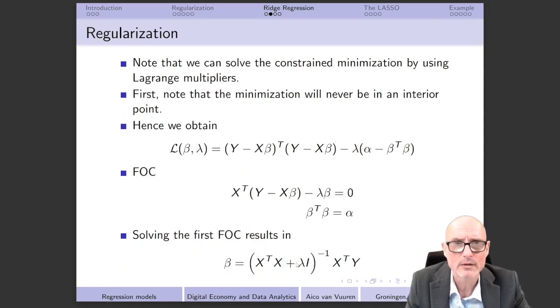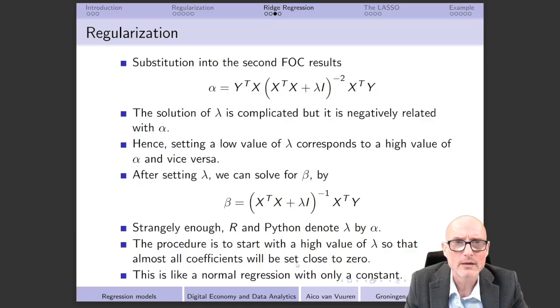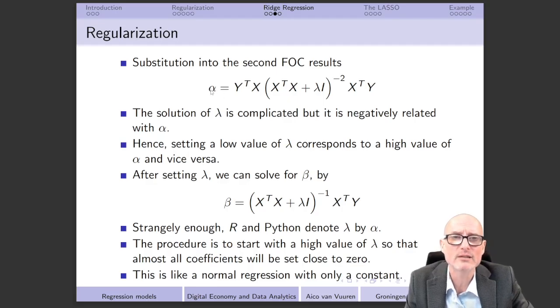But that's usually not what we do with ridge regression. The reason is that we are actually not that much interested in lambda in the end, because lambda is related to alpha, and alpha doesn't have a really good interpretation for us.